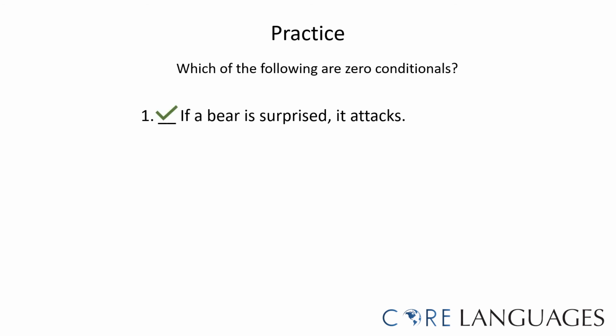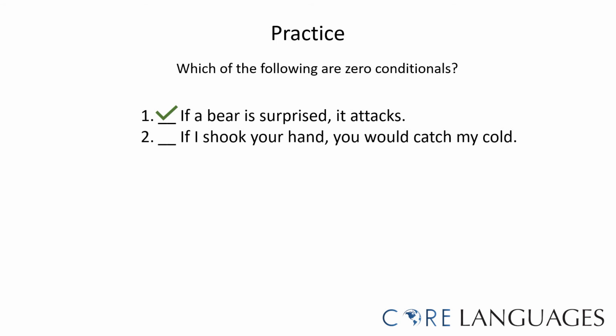This is a zero conditional. How about this sentence? If I shook your hand, you would catch my cold. The verbs shook and would catch are not in the simple present, and this sentence makes an assumption rather than stating a general truth. This is not a zero conditional.